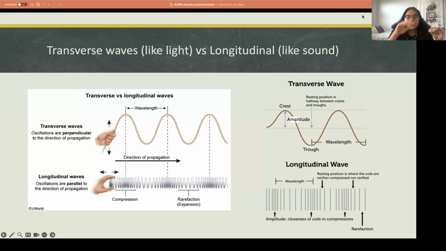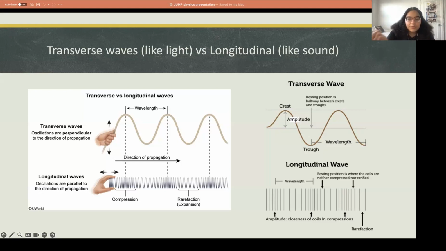The amplitude is how far up or how far down the wave goes from the resting position, but only one direction, not from the top to the bottom, but from resting to either extreme. Those are the main definitions that would be good to know about a wave.